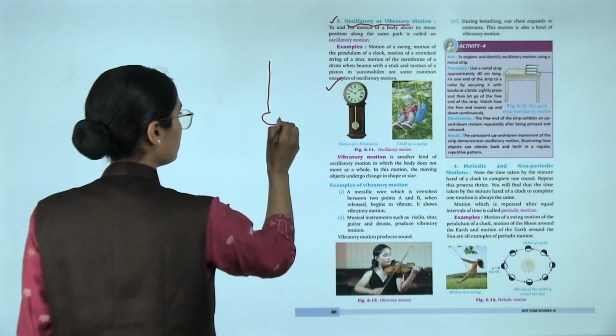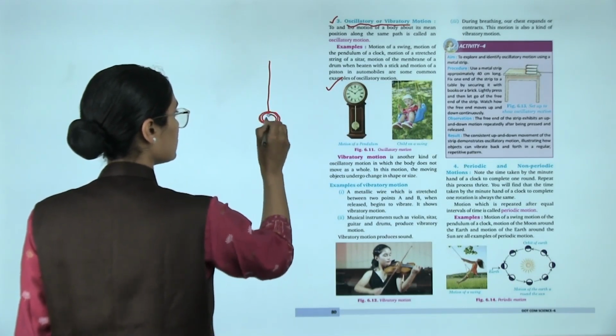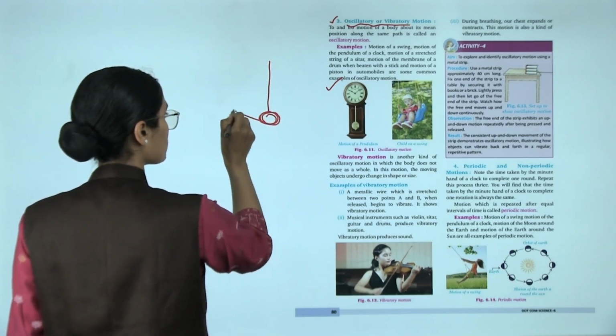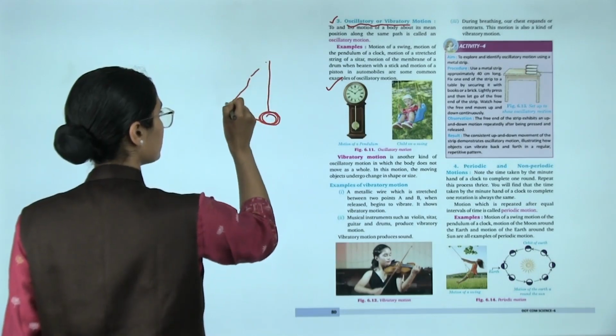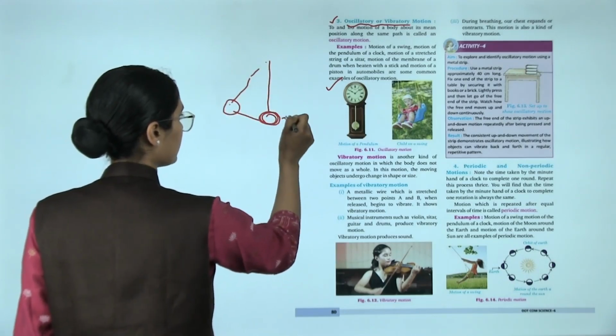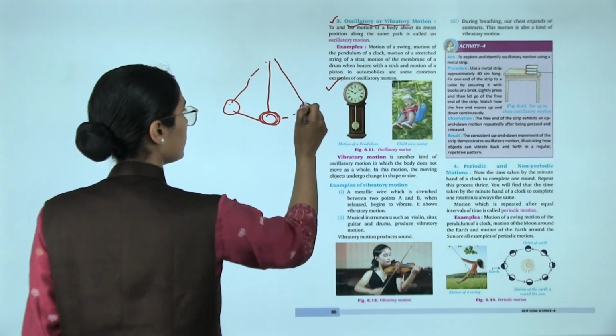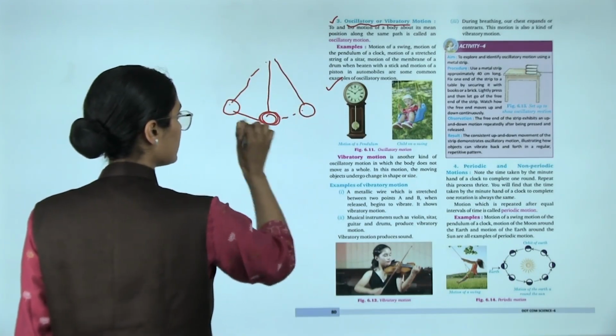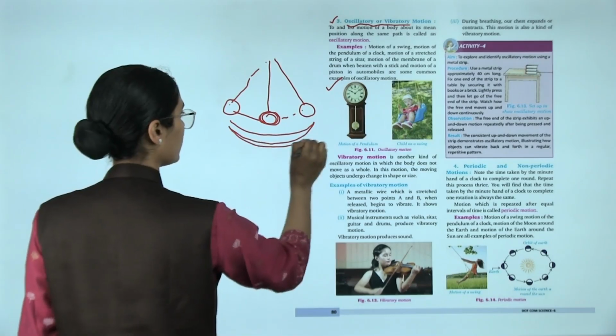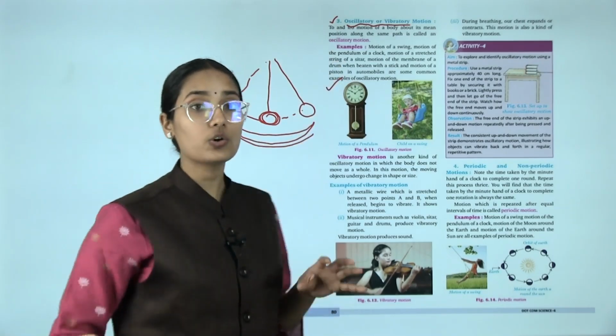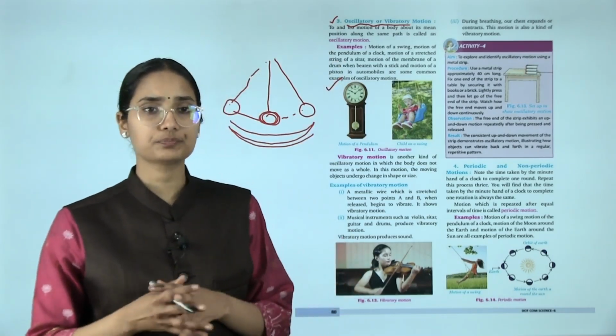The pendulum moves. This is the central position and it goes here, then it comes back here and then it goes here. So the pendulum moves like this, and this is called the oscillatory motion.